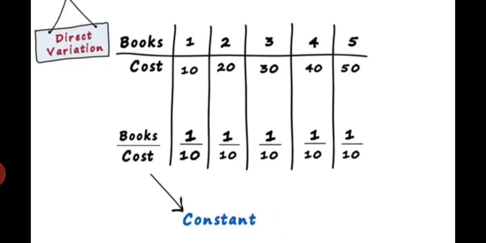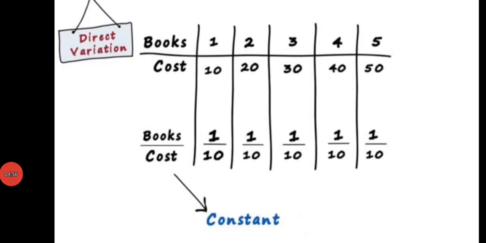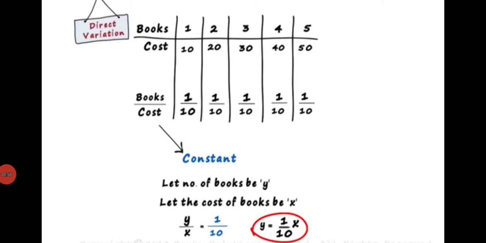That means this ratio, books by cost, is called the constant here, and the constant is 1 by 10. Let's give this a variable form. Let the number of books be y and the cost of books be x.